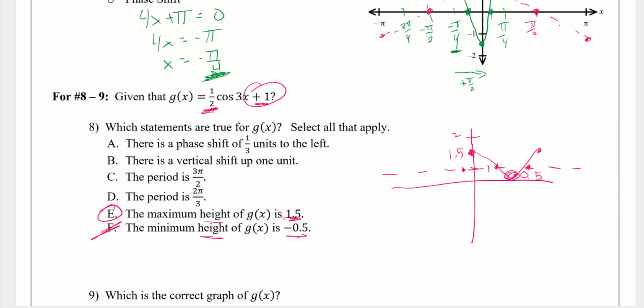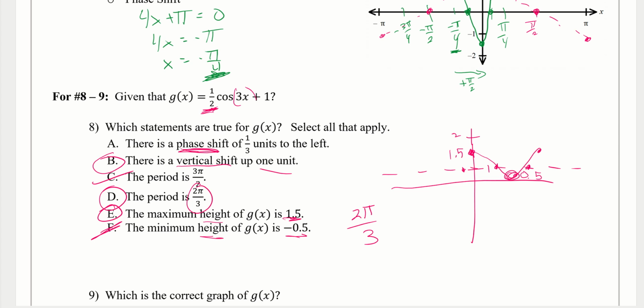Cool. Now period is going to be 2 pi over b. So 2 pi over 3. Okay, sweet. It's right there. That one doesn't work right there. It says here vertical shift up 1. Well, yeah, we just checked that out. That one works. And now a phase shift. That one is a really easy one to recognize because remember, phase shift will always be inside of parentheses.